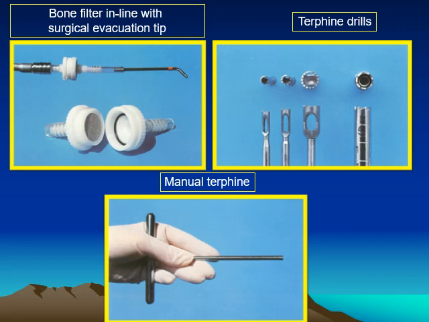In the upper left, we have a bone filter in line with a surgical evacuation tip. This sterilizable filter system can be dismantled for cleaning. On the right, we have trephine drills. Three trephine drills for use in the handpiece.